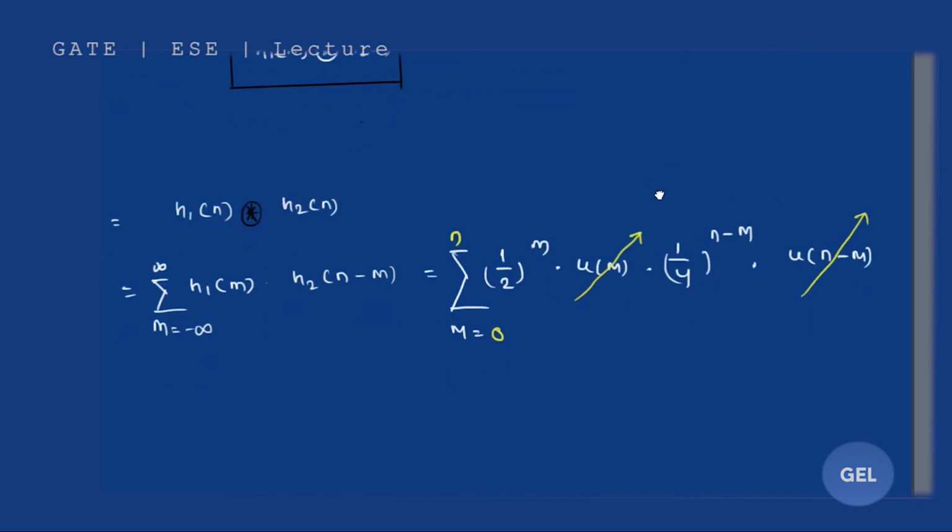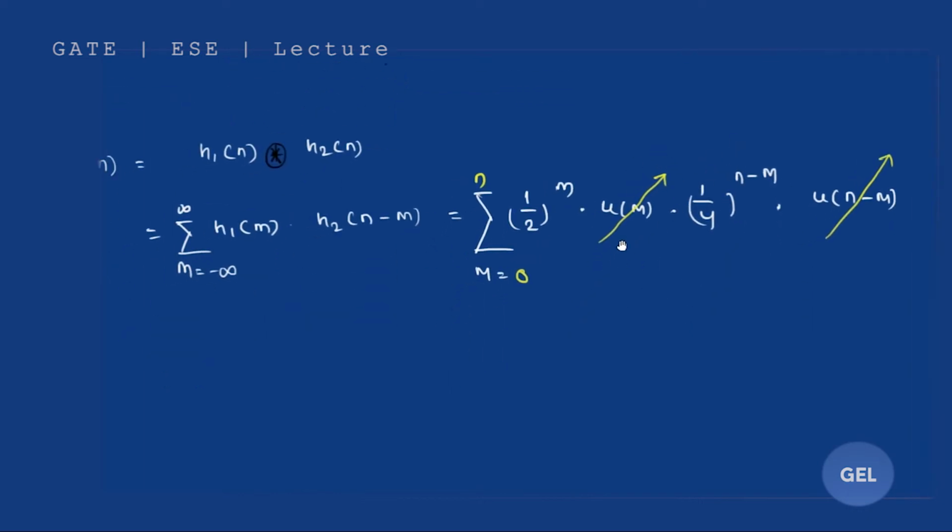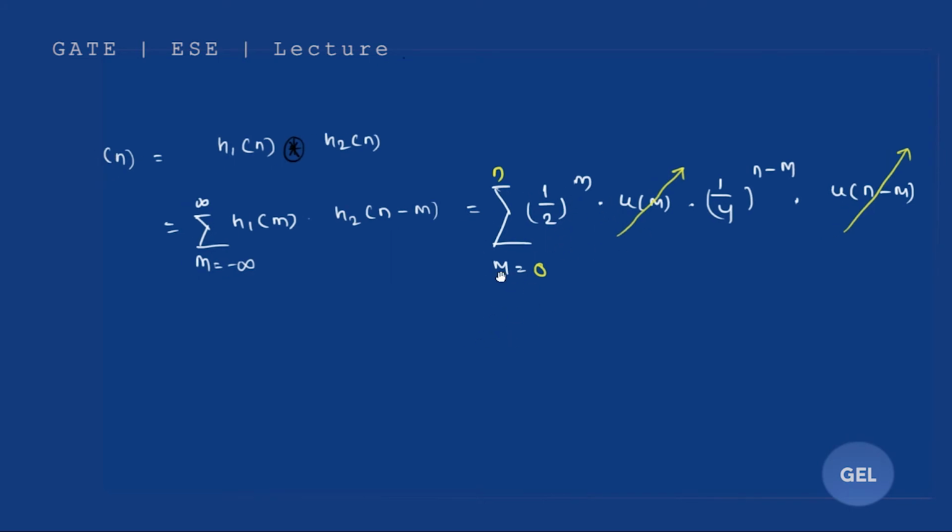We have done a lot of analysis on this concept, so I'm not going to repeat it again. Now we have a new limit, m equals 0 to n, of (1/2) to the power m, (1/4) to the power n, and (1/4) to the power minus m. I just separated these two terms. Now (1/4) to the power minus m can also be written as 4 to the power m.